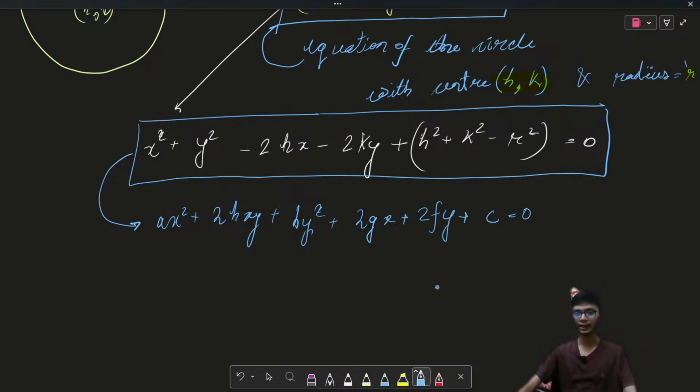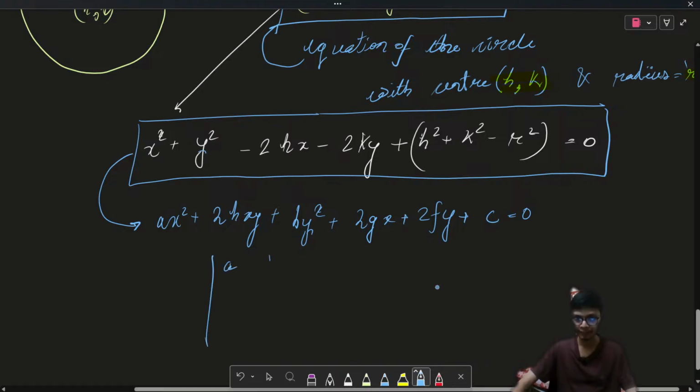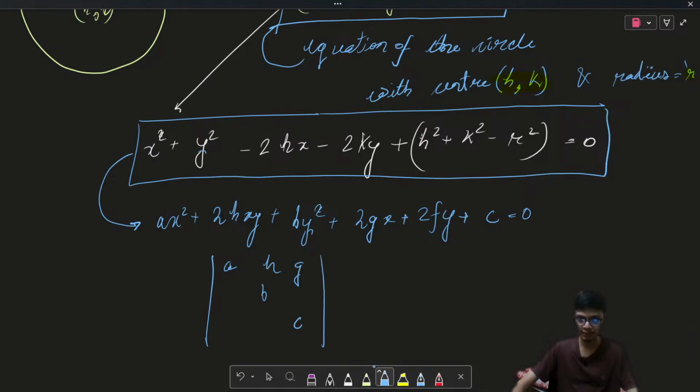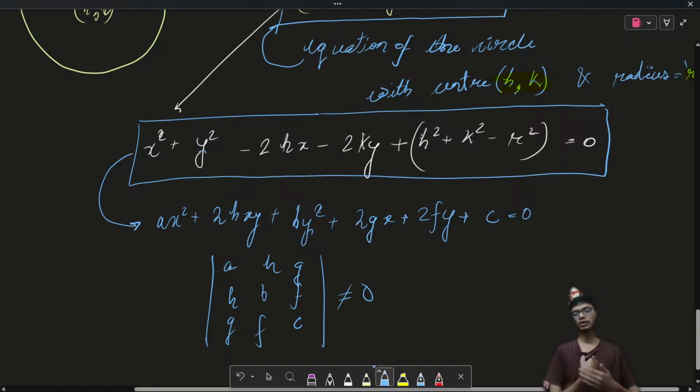What you observe is that in the case of a circle, first of all, the determinant that we saw for a pair of straight lines should not be equal to 0 for it to be a circle.